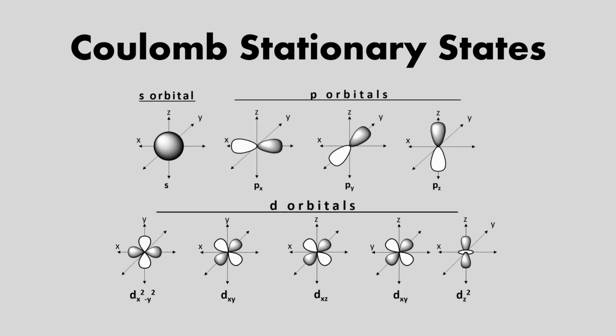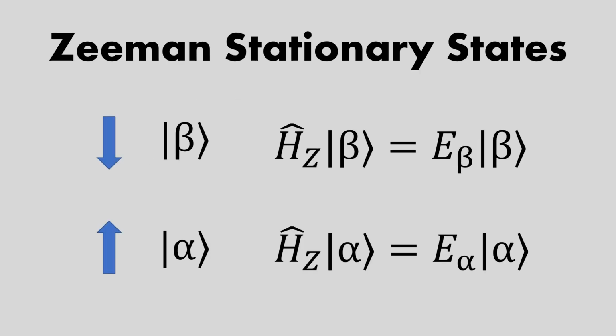But we work with NMR, and the Zeeman Hamiltonian is easier, and we already know its stationary state. In case of 1/2 spin, they are just the up and down state, often called alpha and beta, each of them with its own energy. Please notice the Z as a suffix to highlight the use of the Zeeman Hamiltonian.